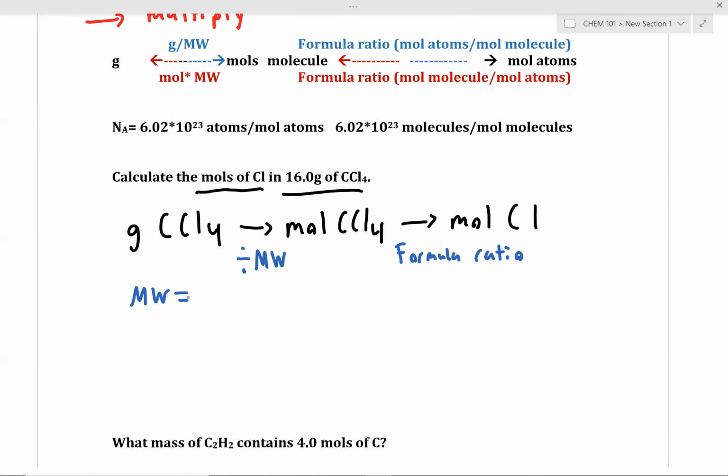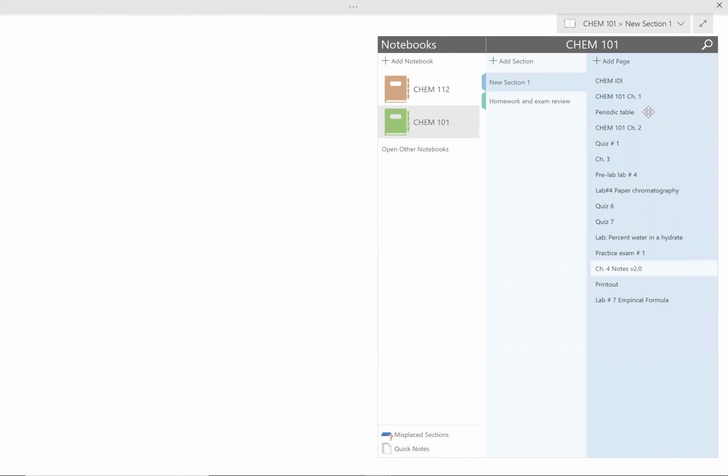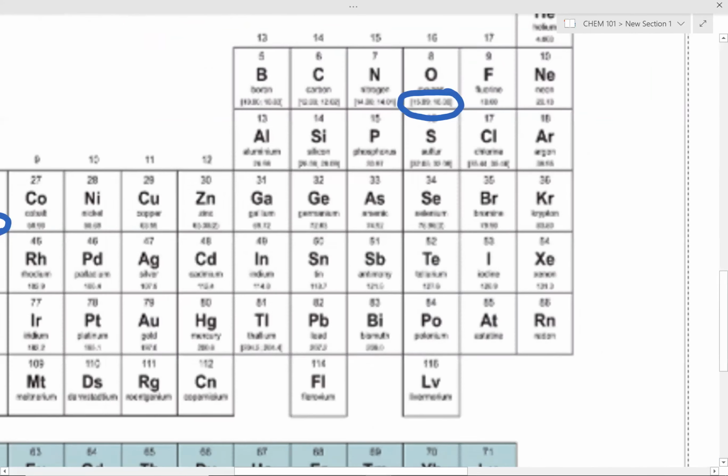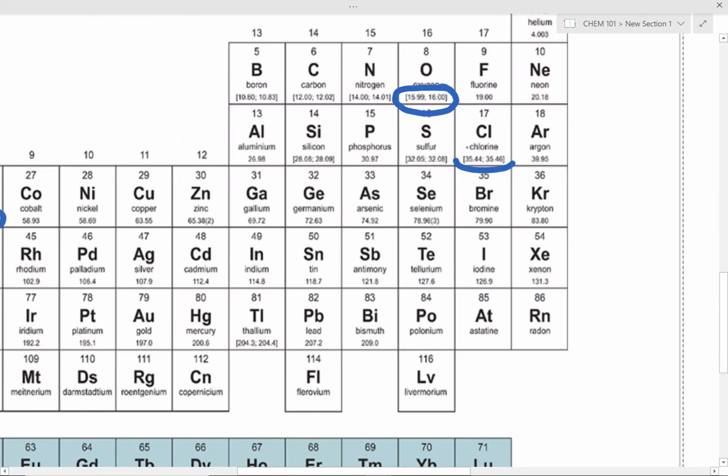Now, given that we need to figure out our molar mass, let's quickly calculate the molar mass of carbon tetrachloride. So reaching into our periodic table, what's the mass of carbon? 12. Okay. Now, what is the mass of chlorine? Going to our periodic table, let's just look and remind ourselves where we're getting all these numbers from. So we zoom in on chlorine. What is chlorine's atomic mass? 35.5 roughly.